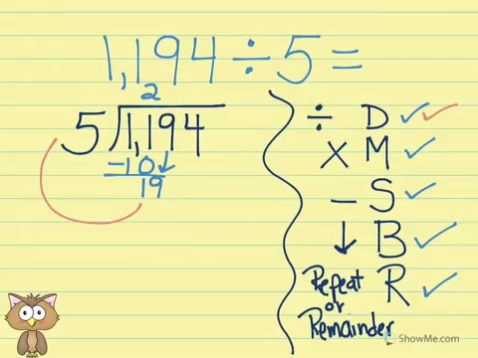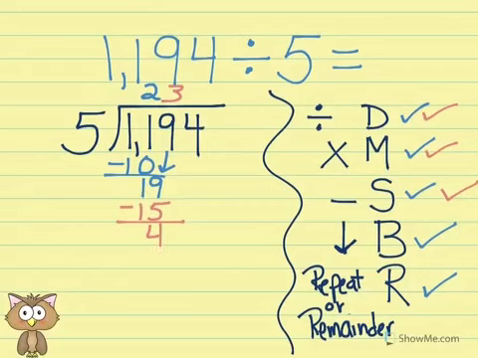So 5 goes into 19 3 times. Then I multiply. 3 times 5 is 15. Next, I subtract. 19 minus 15 gives me 4.